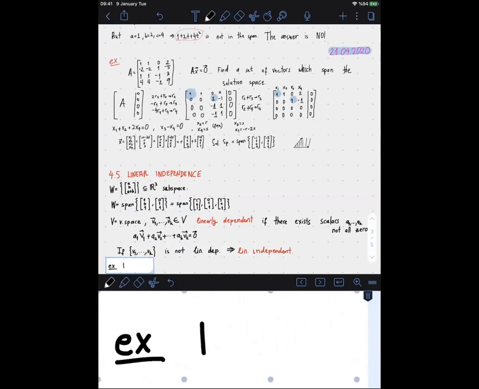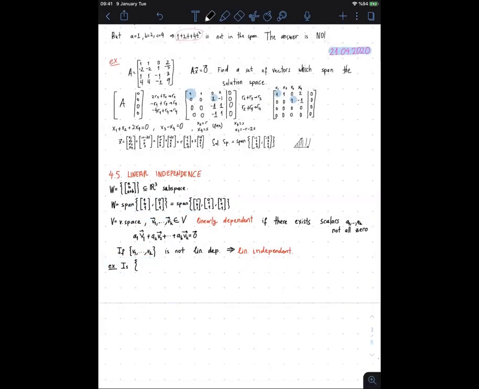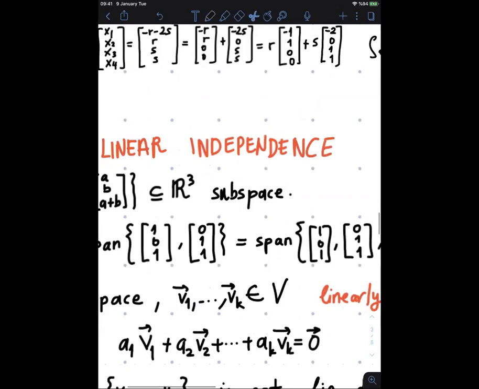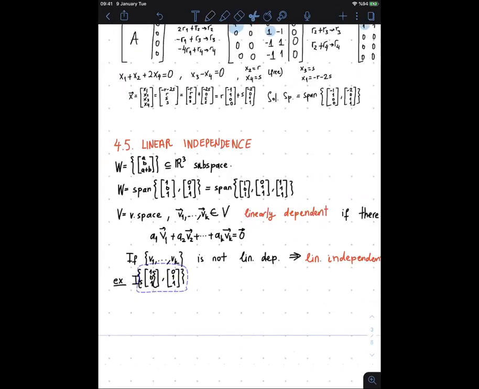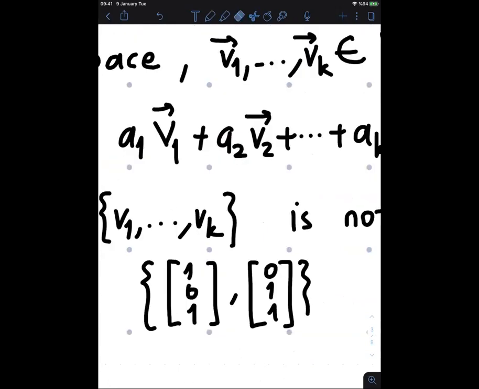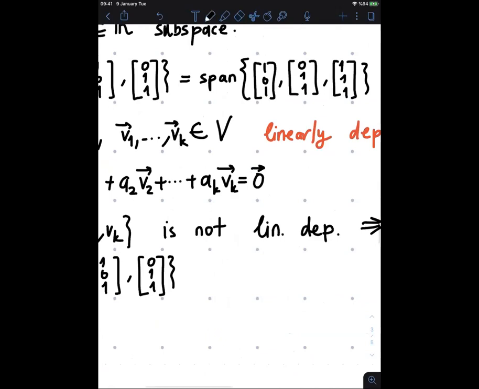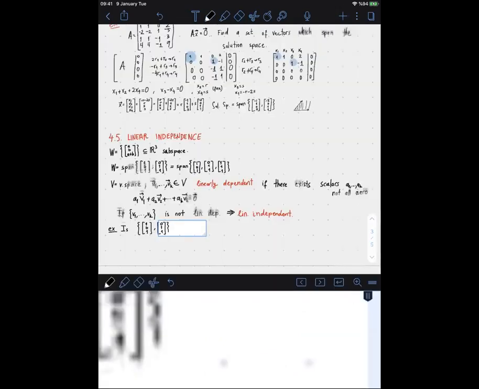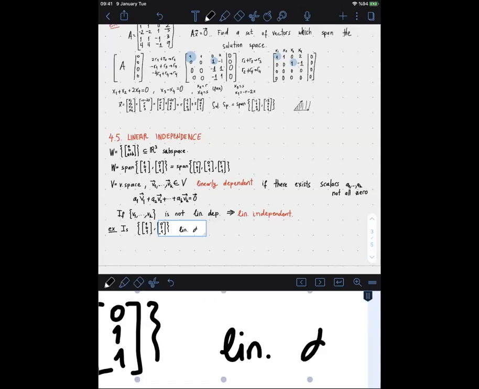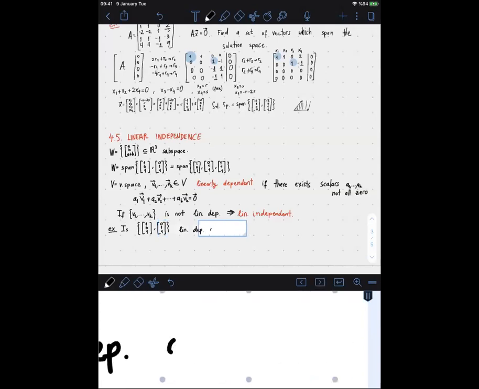So the question is this: is the set, let me copy this, linearly dependent or independent? So we have two possible answers for it. Either it's linearly dependent or linearly independent.